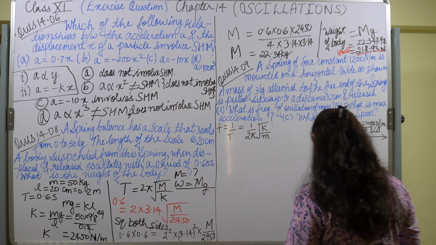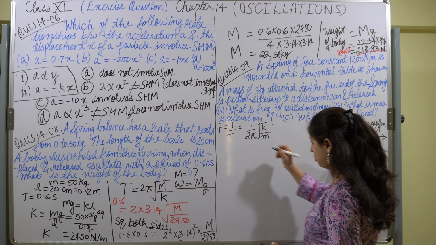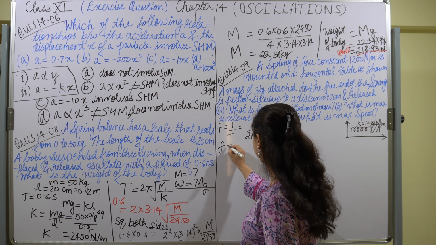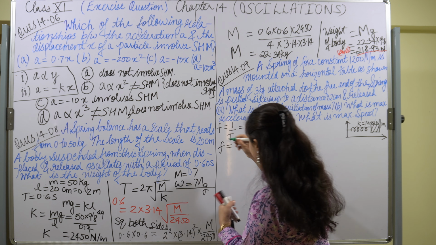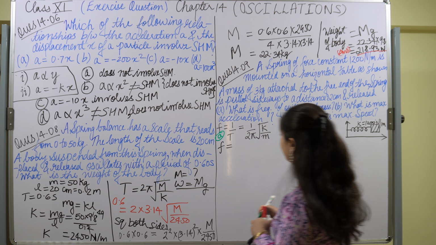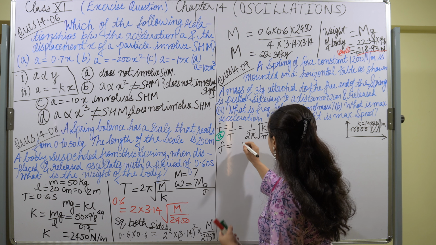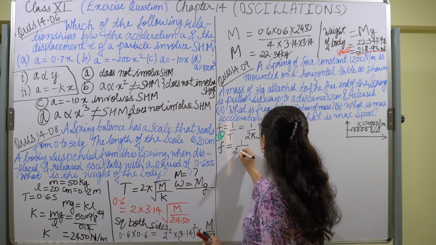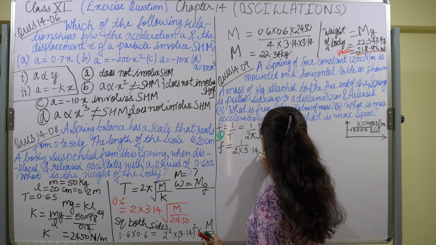When we substitute the values, this is part A, we get 1 upon 2 into 3.14 under root k.